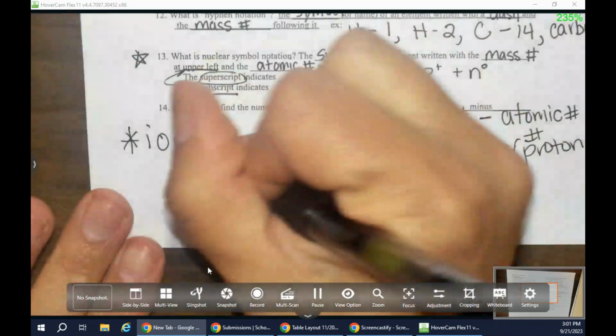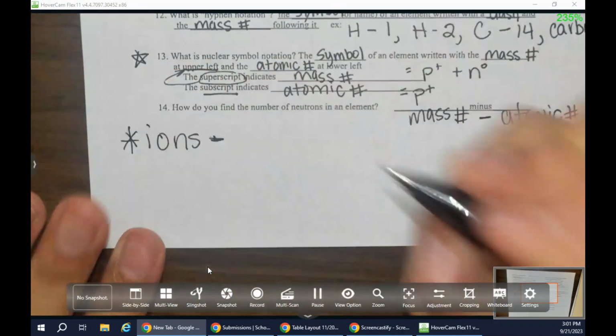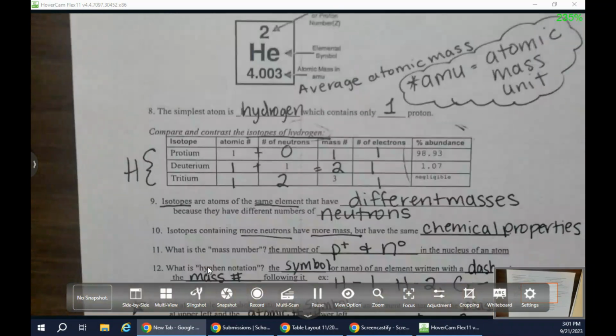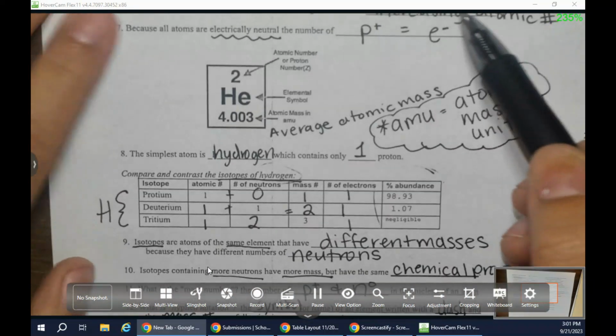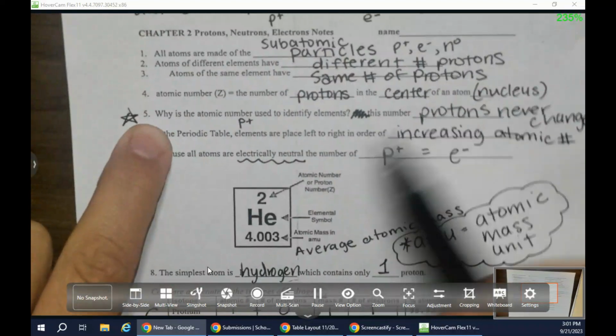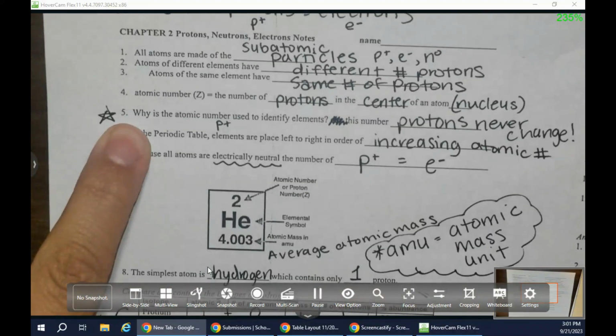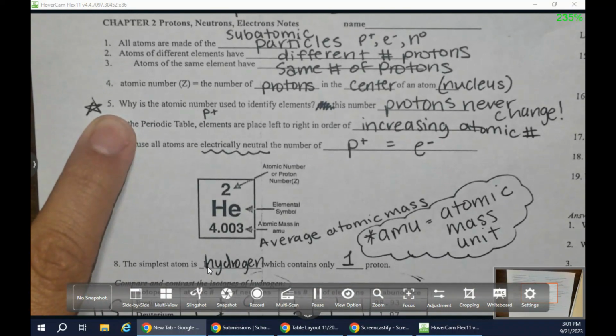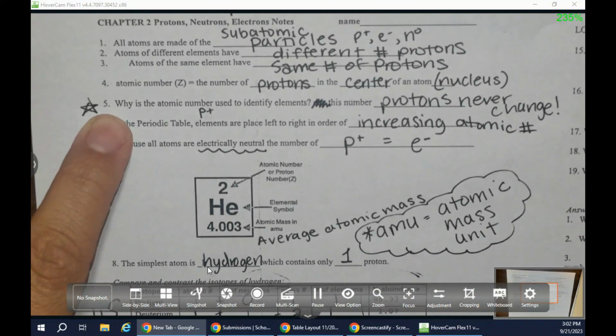So question, if I have a +1 charge, does that mean I'm adding an extra proton? Am I adding a proton? What did we write up here? Number 5. We put a star next to it. Protons never change. Never, never, never. The number of protons makes the element who it is.